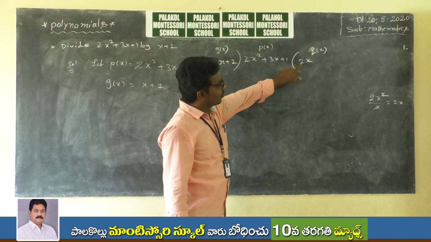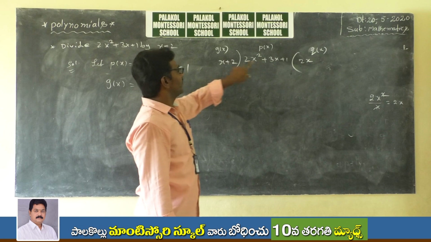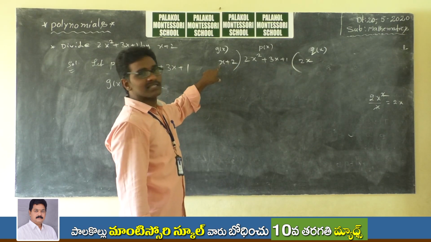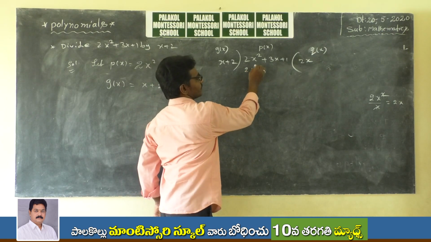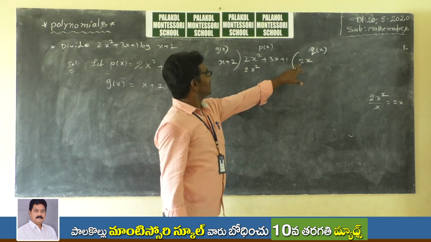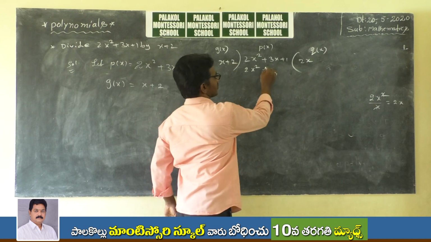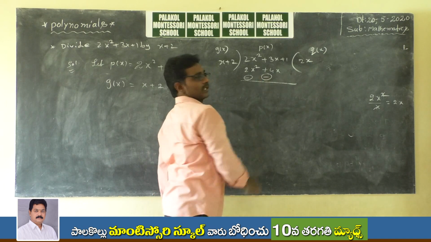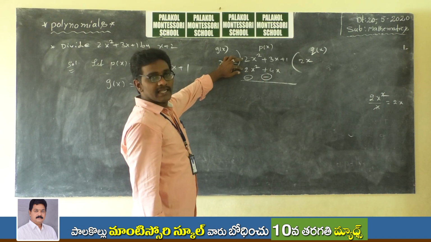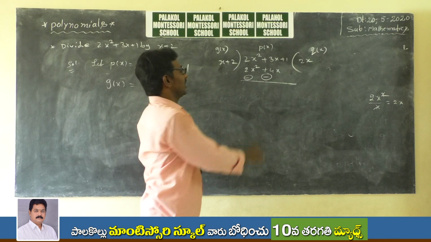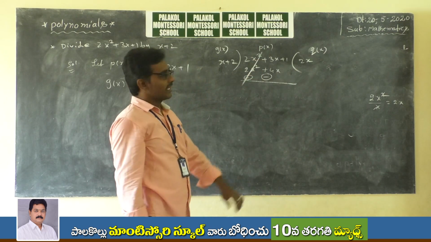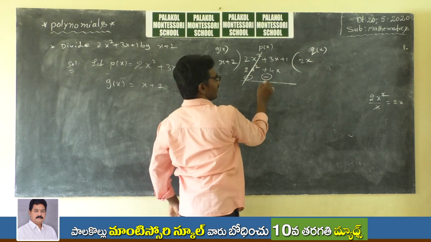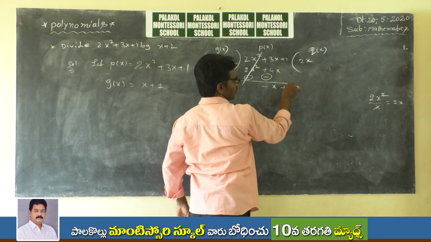Which term you write in the quotient, that term multiply with g of x. That means 2x into x, 2x square. 2x into 2, 4x. Okay guys, these are subtractions. These first terms have the same value and the signs are different, so immediately cancelled. This is a plus 3x, this is a minus 4x. So simply leave it as minus x plus 1.